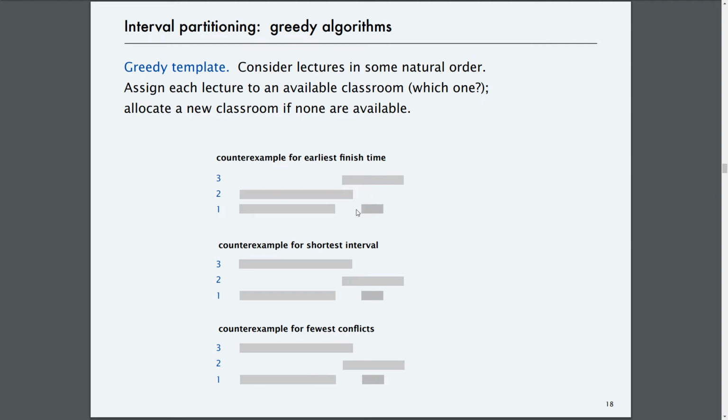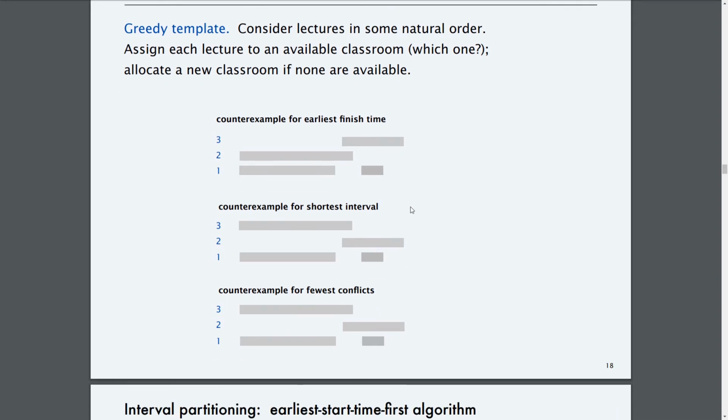We could add it here to classroom 1. And then this one will create the third classroom. For shortest interval, we would first be looking at this one here. Then this one creates another classroom. Then this one would be assigned to either one, and finally this creates the third classroom.